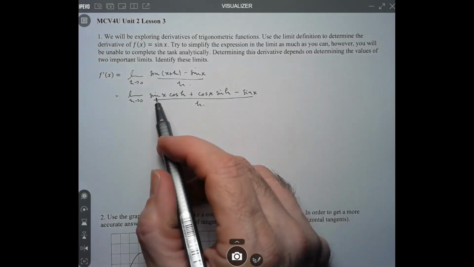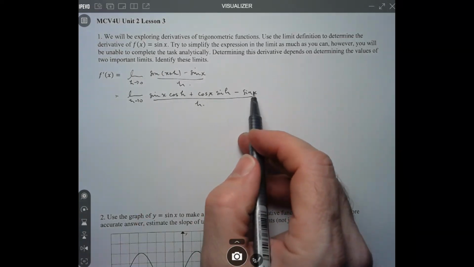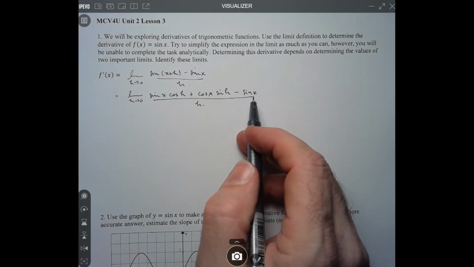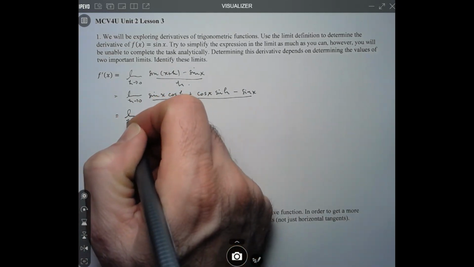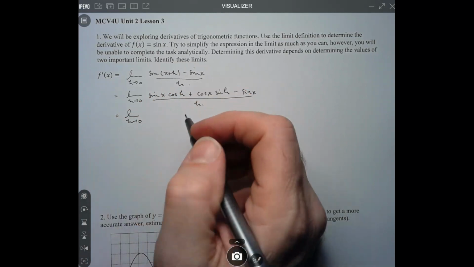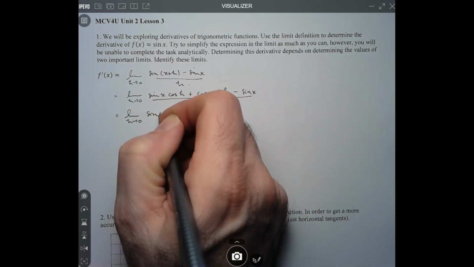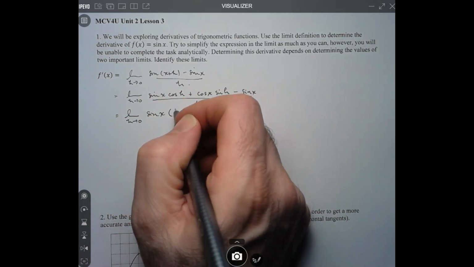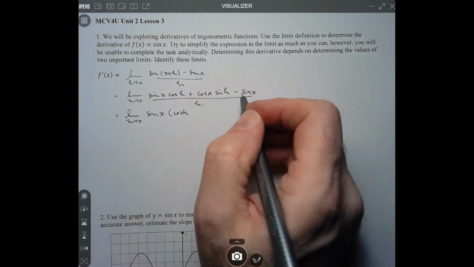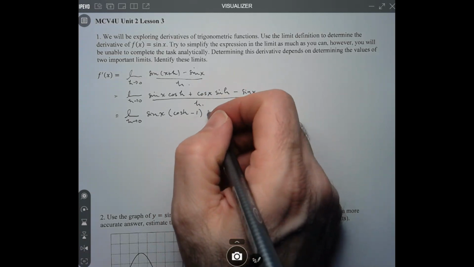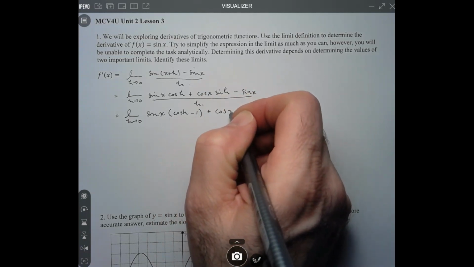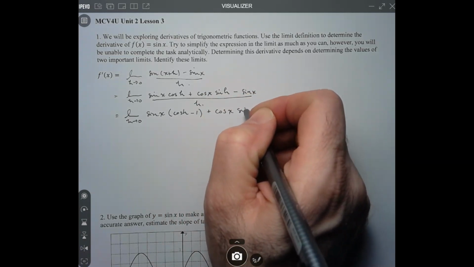One thing I noticed is that this first term and this last term both have a common factor of sine x. So if I remove a sine x, I'm left with a cos h here, and here it's just minus 1. And then here I've got the cos x sine h all over h.